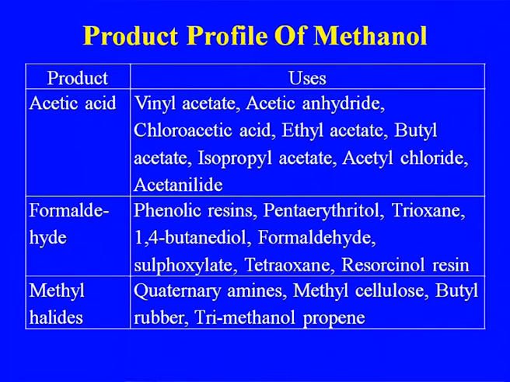One of the major outlets for the formaldehyde has been the thermoset resins, especially the phenolic resins, the phenol formaldehyde, which we call bakelite. And pentaerythritol, which we are using in making of explosives, trioxane, 1,4-butanediol, formaldehyde sulfoxylate, hexamine, and resorcinol resins.